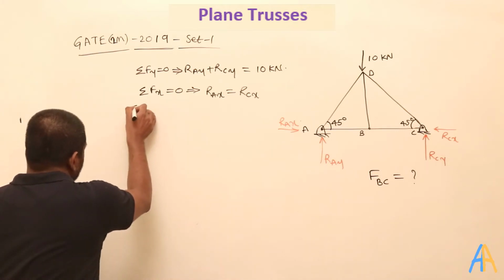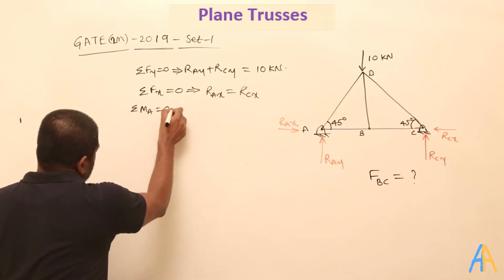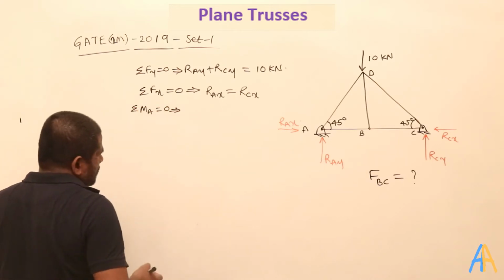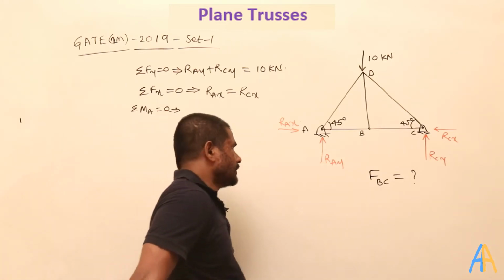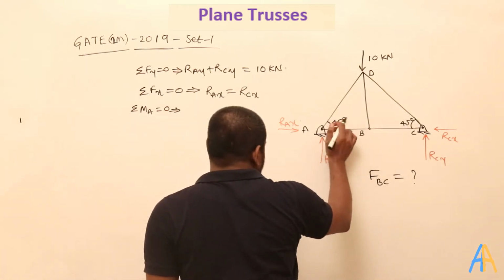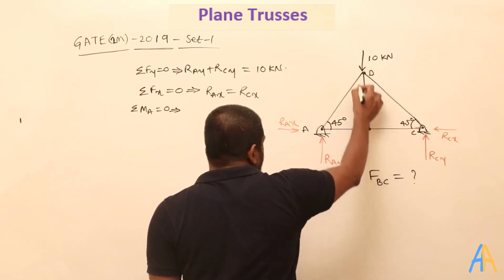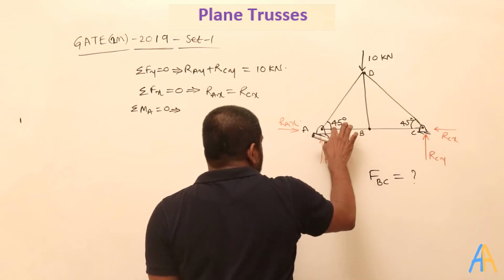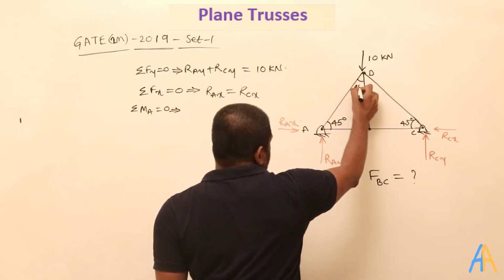If I apply the moment at point A, sigma MA equal to 0, what are the forces acting here? This is 45 degrees. If I take the triangle ADB, in the triangle ADB this is 45 and this is 90 degrees, then this will become 45.